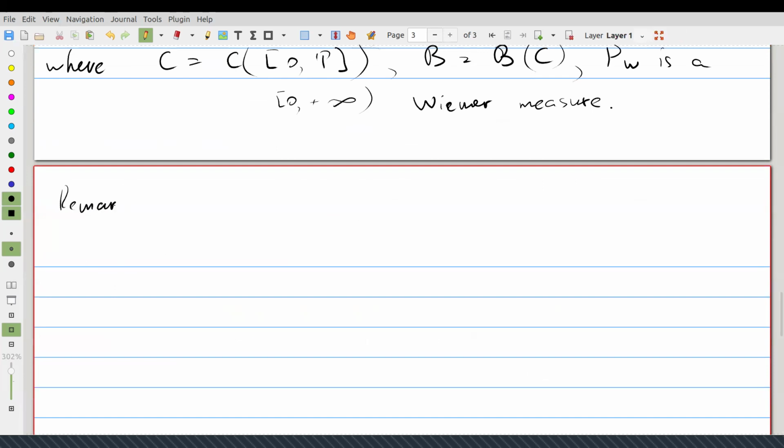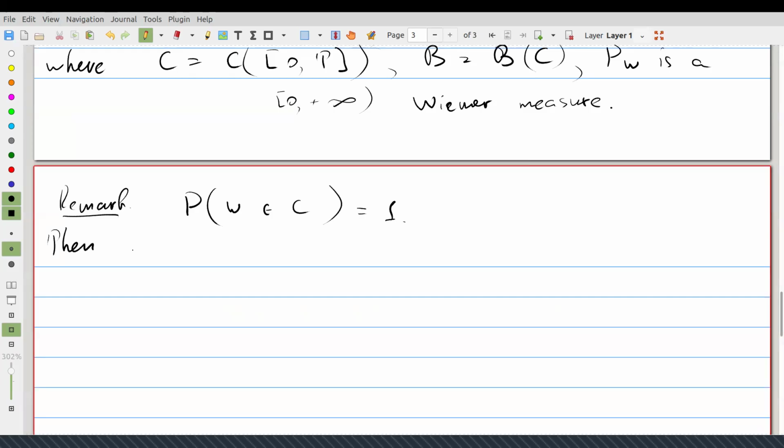Let's make a remark that in general we only know that W belongs to C with probability 1. We can construct Brownian motion in a way that not all its trajectories are continuous, because the definition only requires continuous trajectories almost surely.